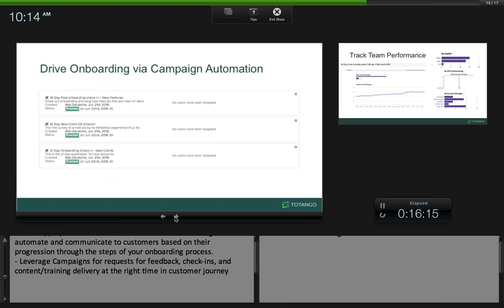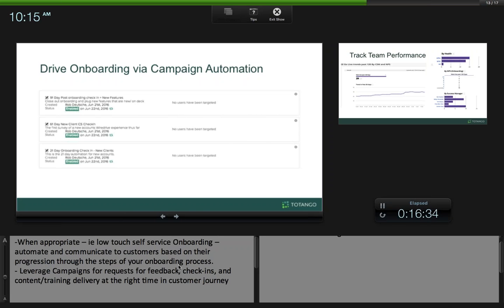I would say for customer process that is potentially scalable, or if there's something like more of a low-touch model where you can easily automate the specific steps that a customer navigates through in onboarding, you can do that via campaigns. So when appropriate, of course, in a low-touch environment, you can automate the communication to the customer based on how they're progressing with their phases of onboarding.